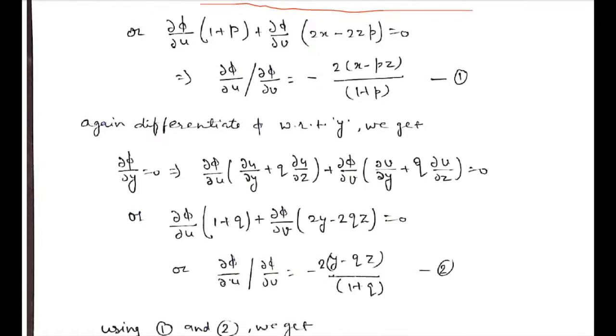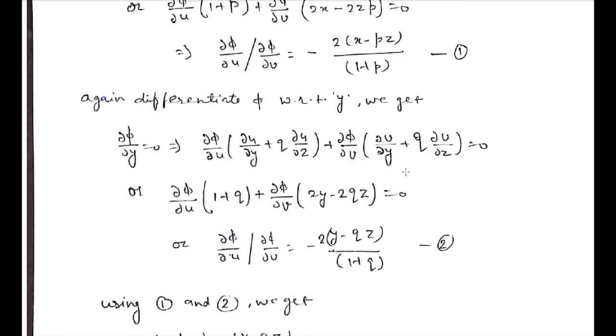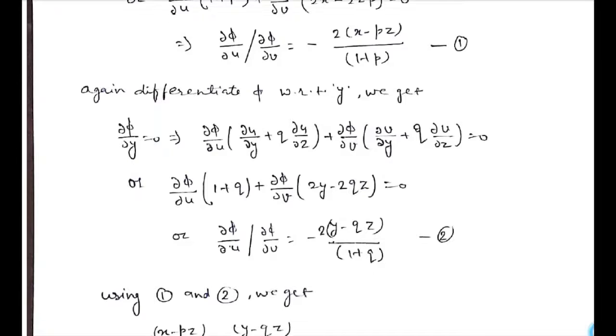So putting the values of these partial derivatives, we get this equation, and when we rewrite del phi over del u upon del phi over del v, it equals minus twice y minus qz upon 1 plus q. These both are the same. From equations 1 and 2, the left hand part is equal, that's why the right hand part must be the same.